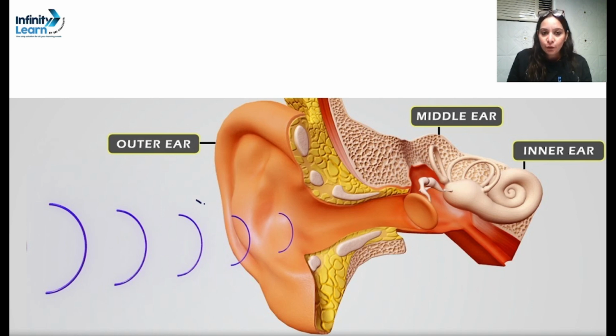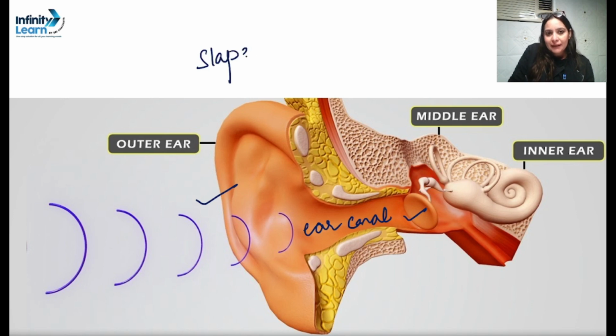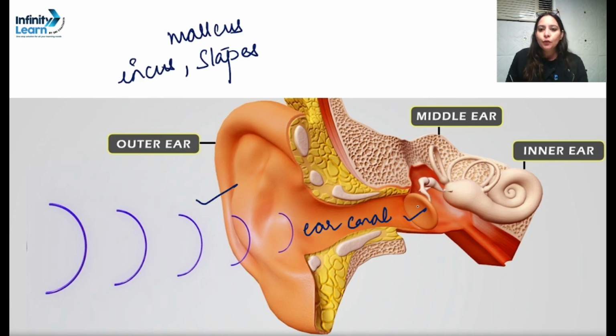The outer ear is formed of the pinna, the ear canal, and then you have the eardrum. Then the middle ear is formed of three bones. I hope you remember the names: malleus, incus and stapes. Okay, three bones. In the inner ear we have this snail-like structure which is the cochlea, and the semicircular canals.